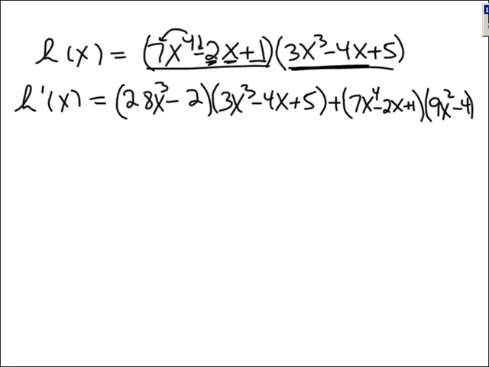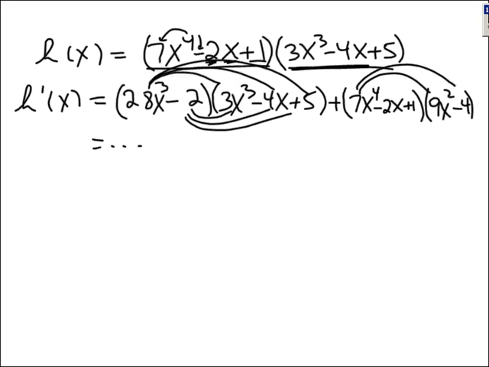And the calculus is done. We just took derivatives of polynomials, and we wrote the formula down correctly. Okay, I'll leave it to you to do the algebra. That is, distribute the 28x cubed, then distribute the negative 2, and then add on this mess.